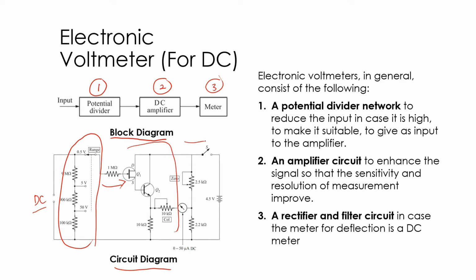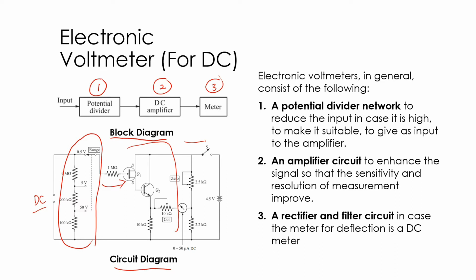And then the third part has two devices. The first one is the direct coupled amplifier, and the second is the chopper type DC amplifier. You can see these in the book.